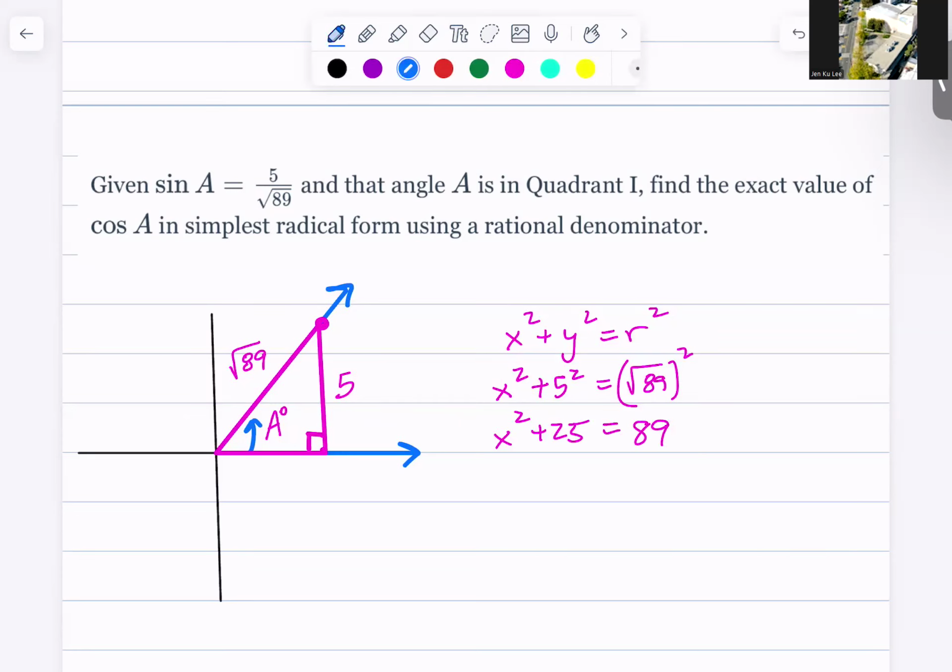Solving for x, subtract 25 on both sides. So I have x squared equals 64. Square rooting both sides, I have x equals 8. Right? So then this is 8.